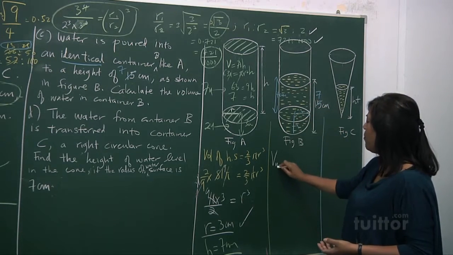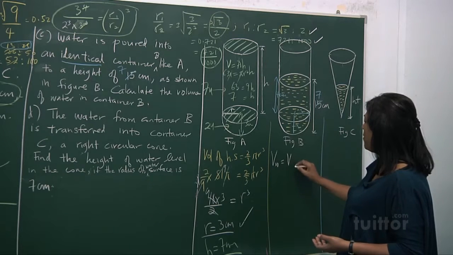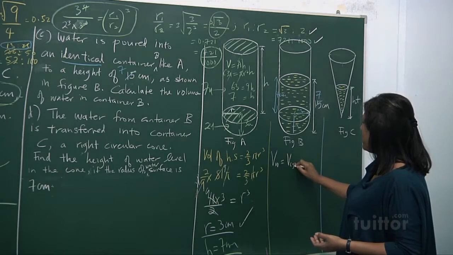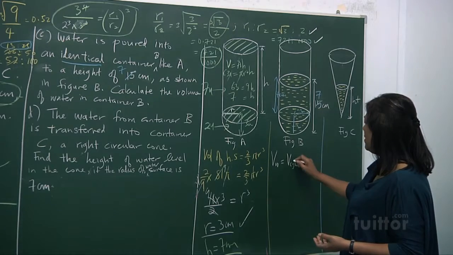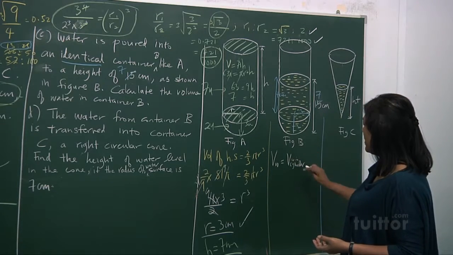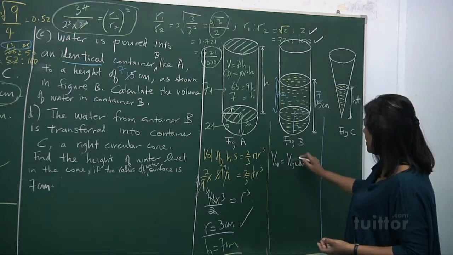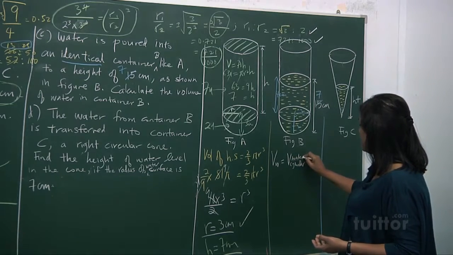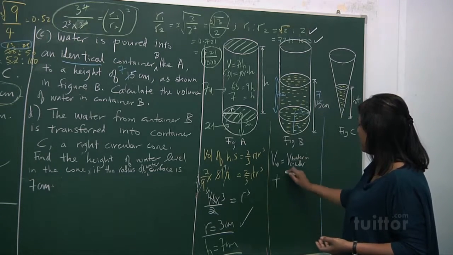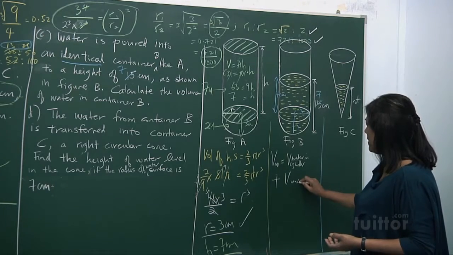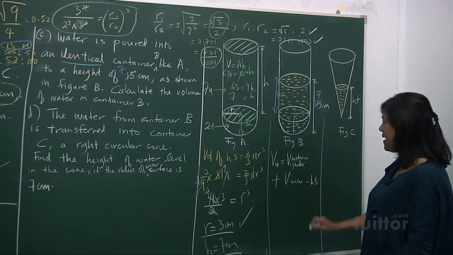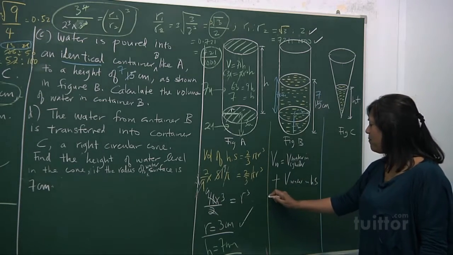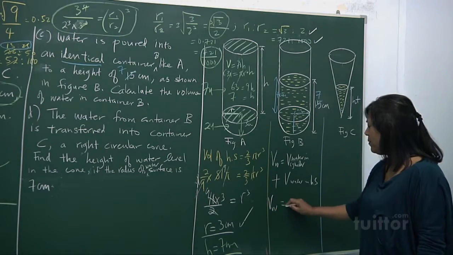So you find the volume of the water in the cylinder plus the volume of water in the hemisphere, HS. So that volume of the water, W, is that right?